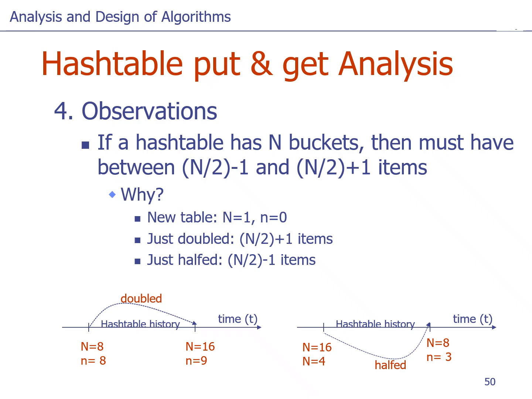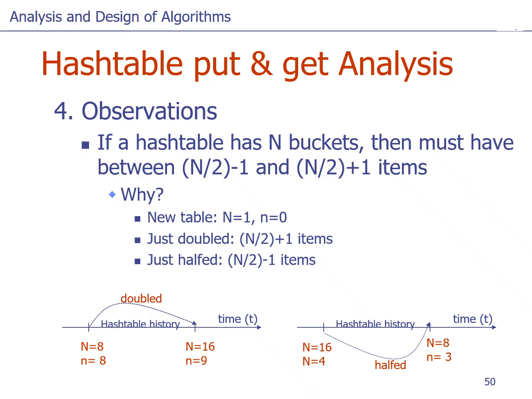I cannot exceed it, so I have to double the number of buckets to 16, and then I insert the new value. The relation of small n to big N is then: N divided by 2 is 16 divided by 2, which is 8, plus 1, which is 9. That's if I just doubled the number of buckets.